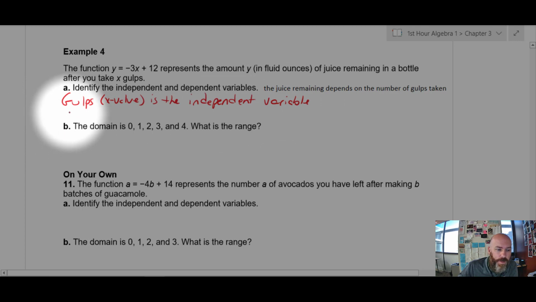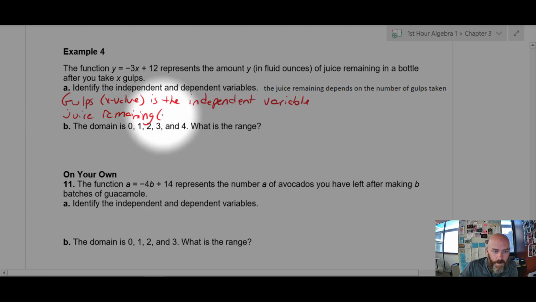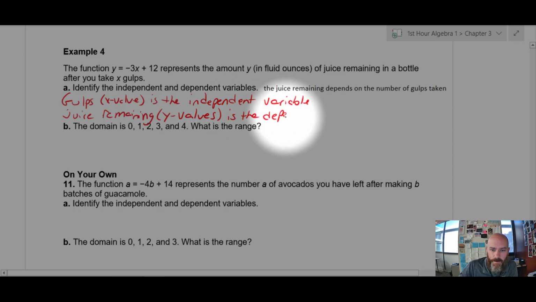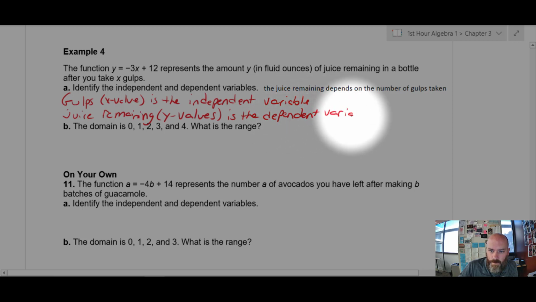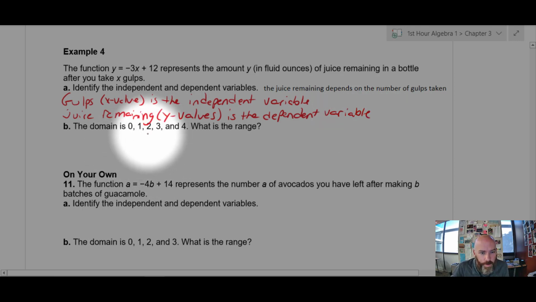That means the juice remaining, which are your y values, is the dependent variable. Last thing it asks is the domain is 0, 1, 2, 3, and 4.